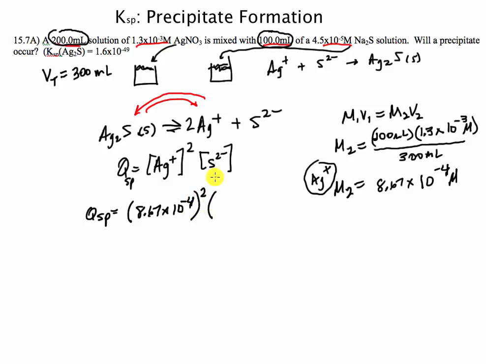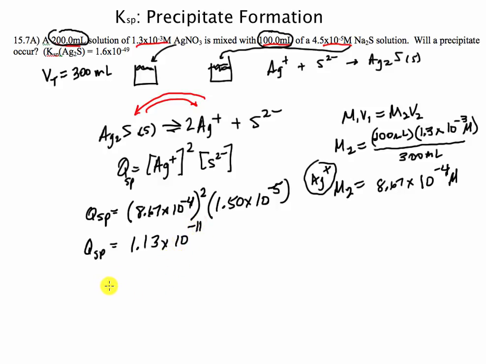And then the sulfide ions, when I figure it out, will be 1.5 times 10 to the minus 5. You calculate it the same way we did over here. So you plug all that in and solve for Qsp, and my Qsp comes out to be 1.13 times 10 to the minus 11.